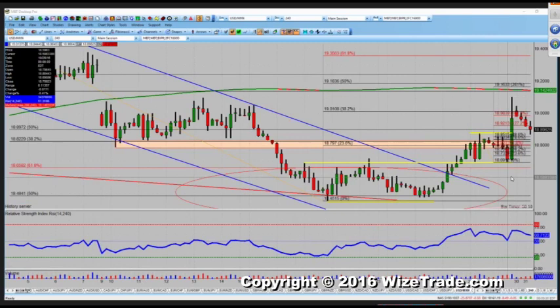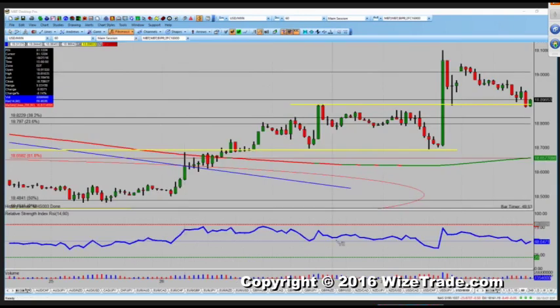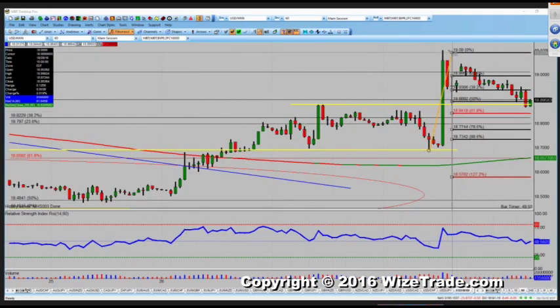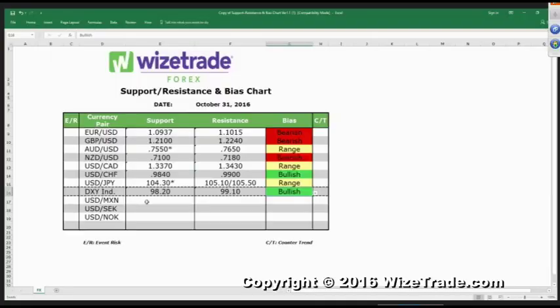The question is, how far are we going to come down here? So let's figure that out. Take this low to high. The 618 retracement comes in at 18.84. $18.84 should be support.